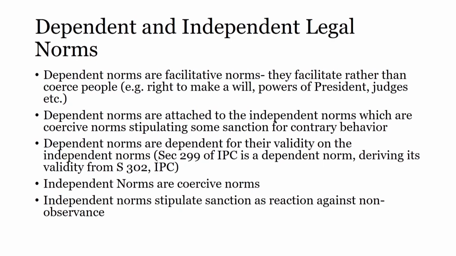So, looking from the angle of the sanction, we have to differentiate the regulations into two types: independent and dependent. Independent legal norms have sanctions inbuilt and the dependent legal norm may not have sanctions. They are rather facilitative norms which facilitate the doing of something, like a diplomat who has the powers to negotiate a treaty on behalf of the country.